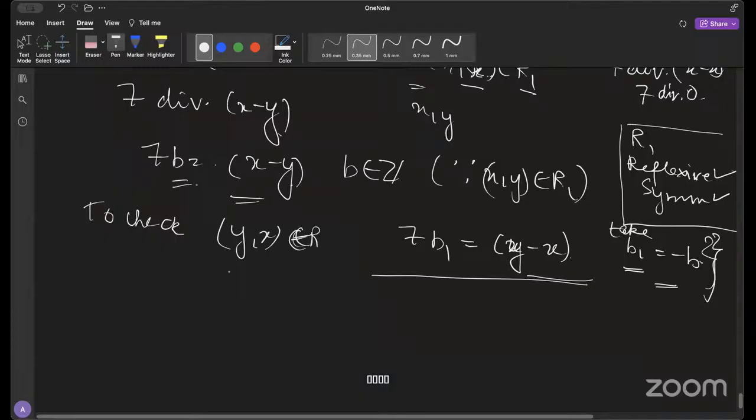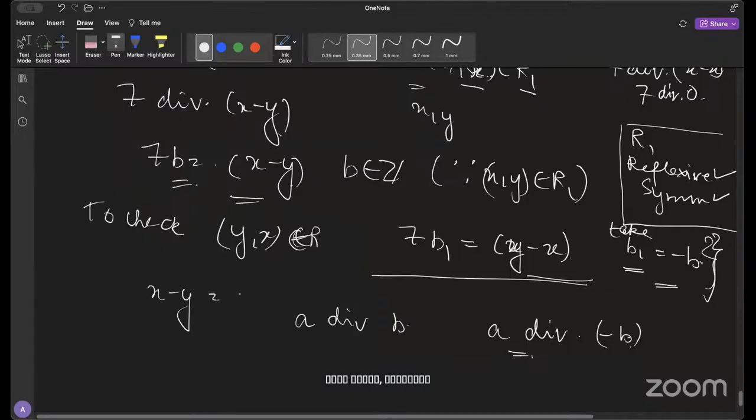Ma'am, can you repeat that? If you say that A divides B, then A also divides minus B, right? Yes, ma'am. So Y minus X is just the negative of X minus Y, right? But it depends upon the values of X and Y, no, ma'am?